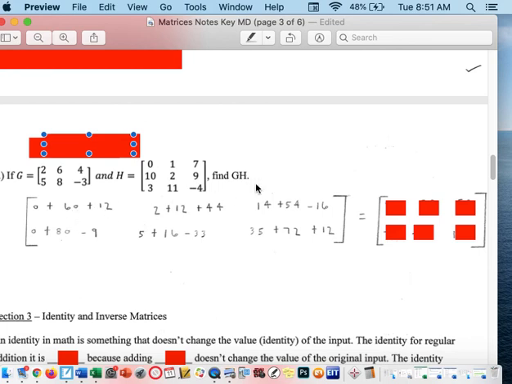Let me know if you disagree with any of these numbers in this first matrix here. If you'd like me to look at yours with you, I can.